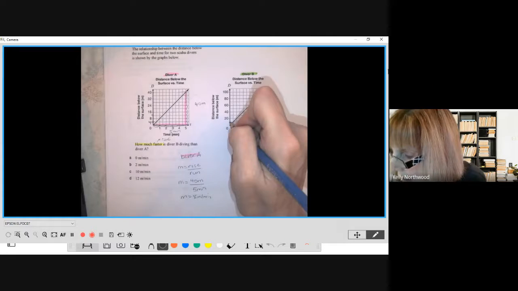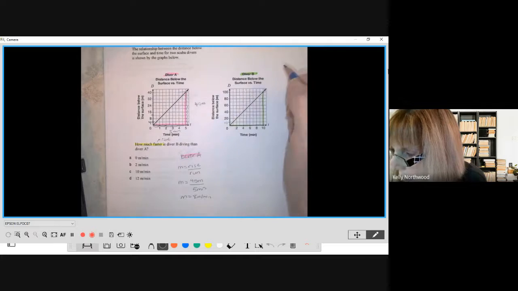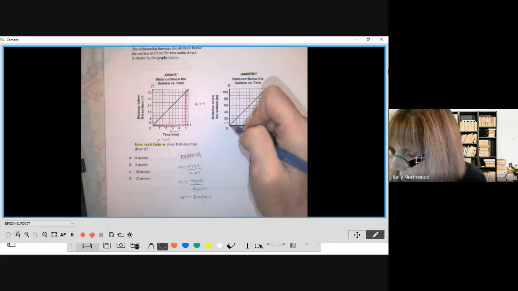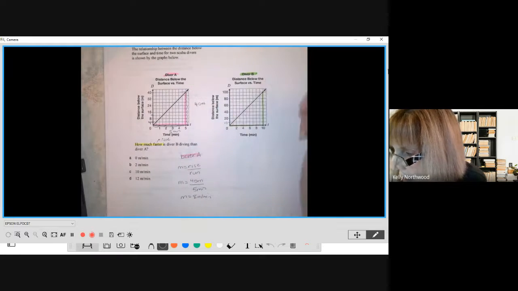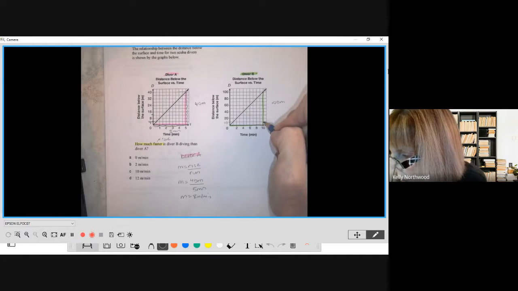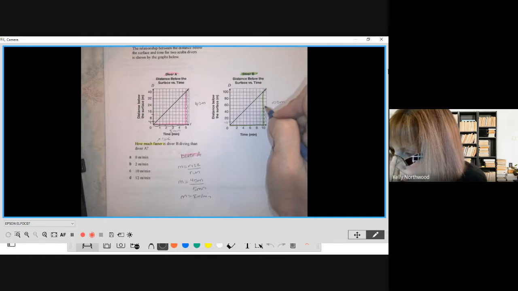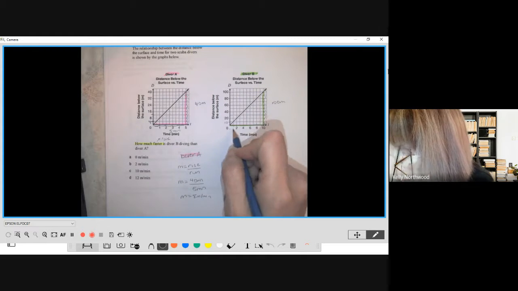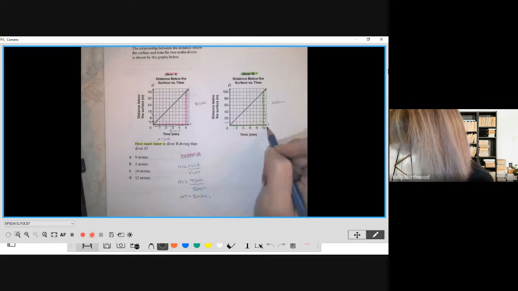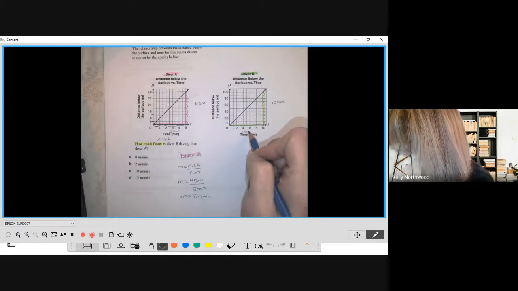So again, the scale here though is by tens, but we can also see we start at 0 and rise up to 100. So you can either look at it that way or you can count by tens, 10, 20, all the way up to 100. And then for my run, it's counting by ones this time. So I start at 0 and end at 10, which is 10 minutes.